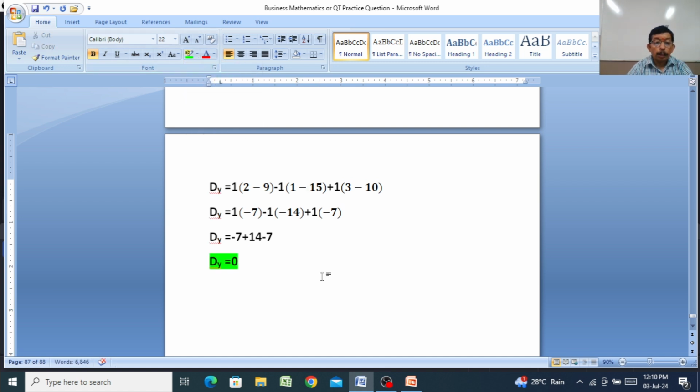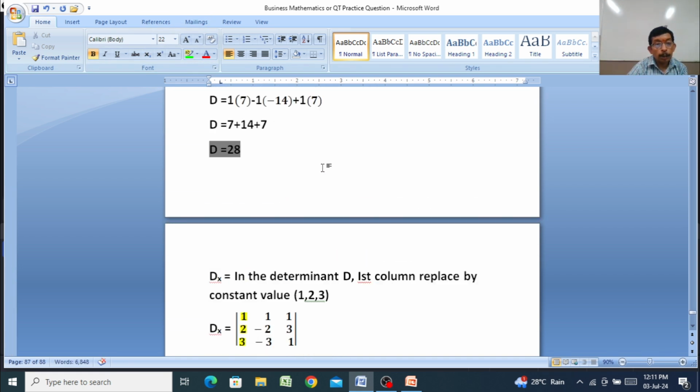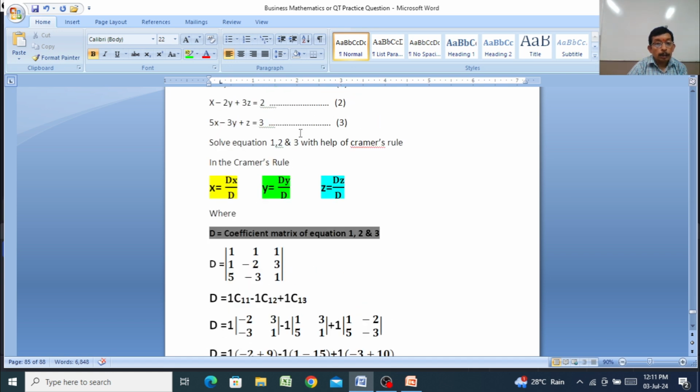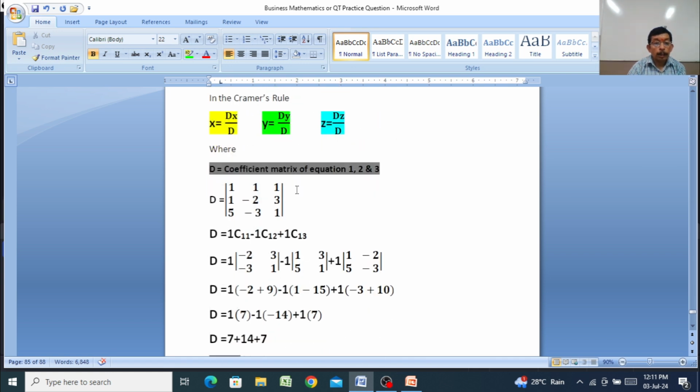Now we find the dz. dz is equal to the determinant d in which the third column is replaced by the constant values 1, 2, 3. Then this is known as the determinant dz.